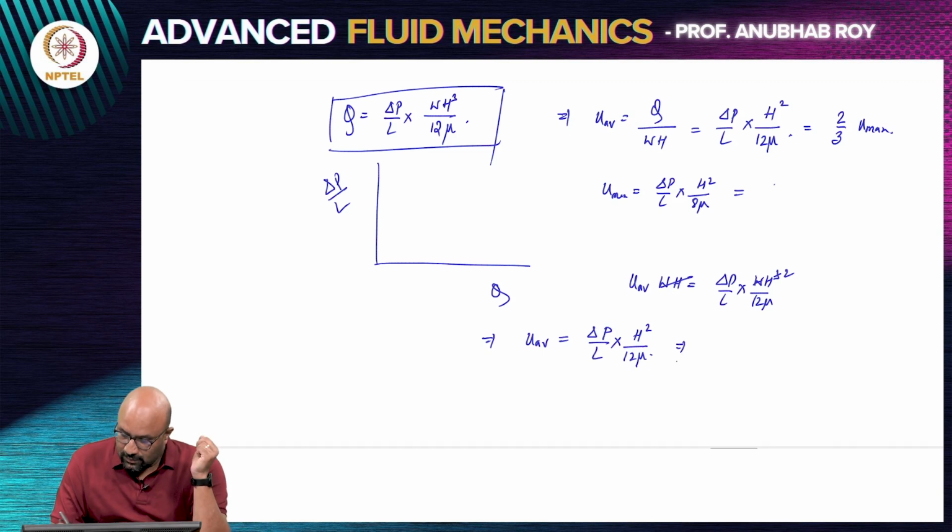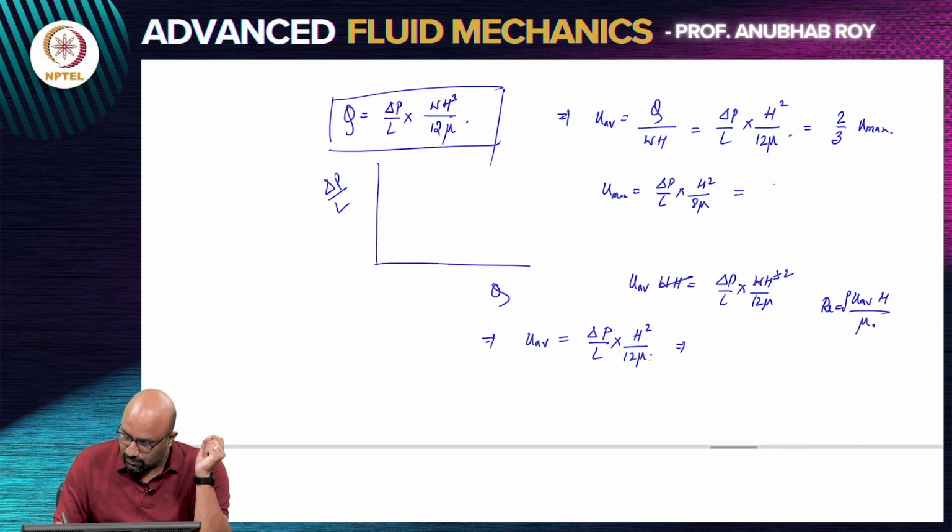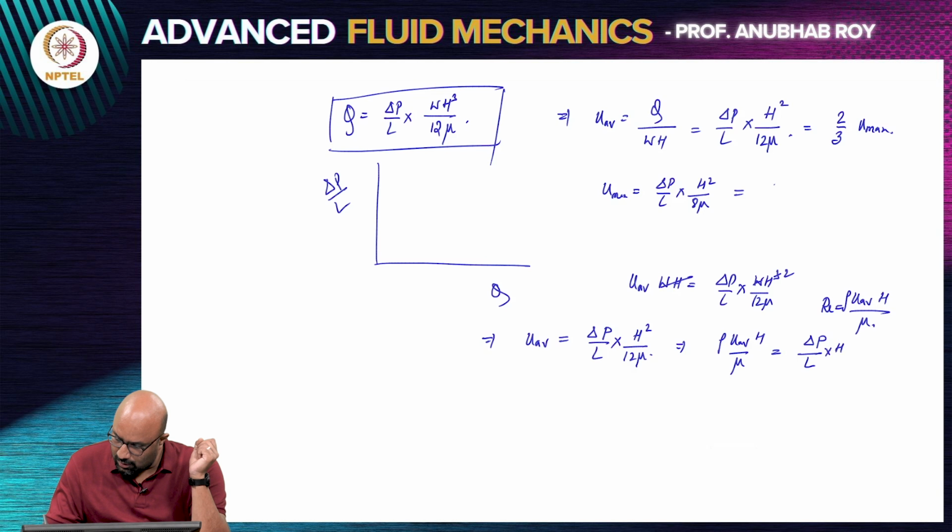And now you can try writing down a Reynolds number, which is U average L, oh sorry, we'll use H here. So U average H rho by mu. So rho U average H by mu is del P by L into h square by 12 mu.